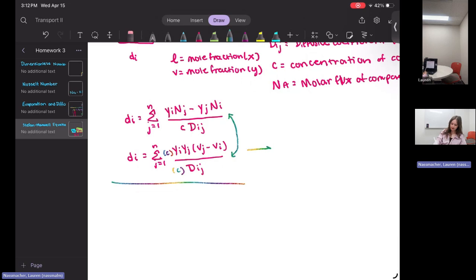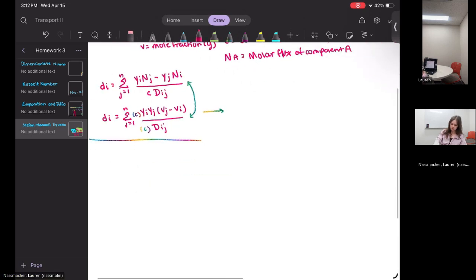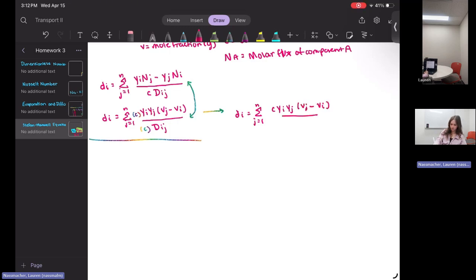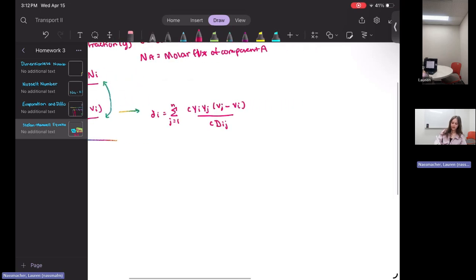If we expand that out, we get that our concentration multiplied by the mole fraction of I, mole fraction of J, times the velocity of J minus the velocity of I, over concentration times the diffusive coefficient of I, J. Let's further multiply this out.